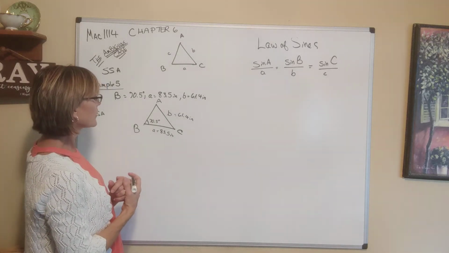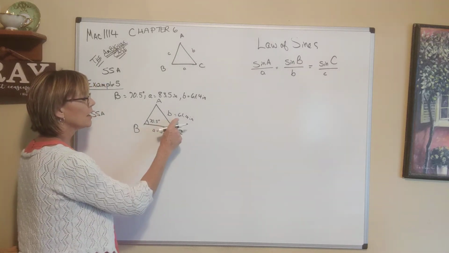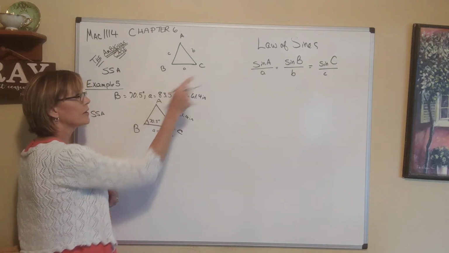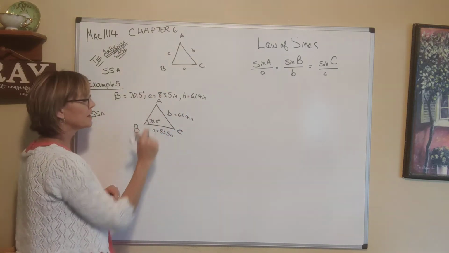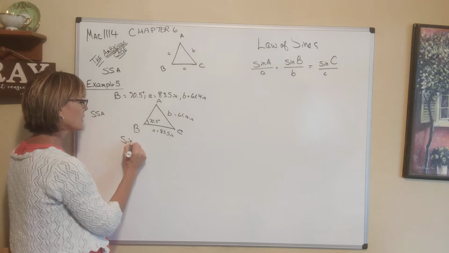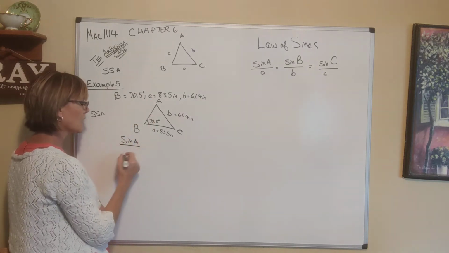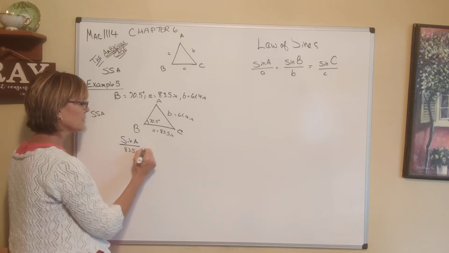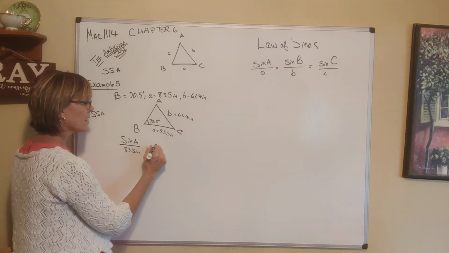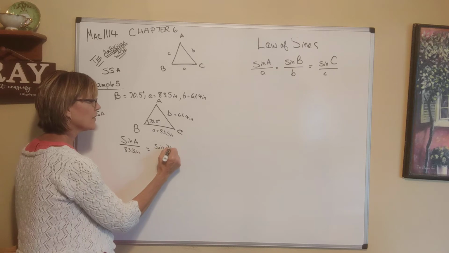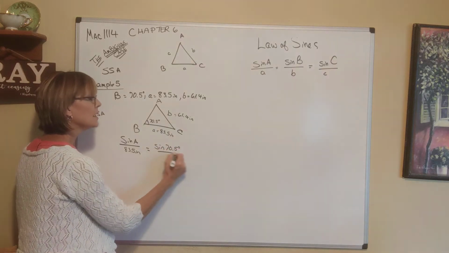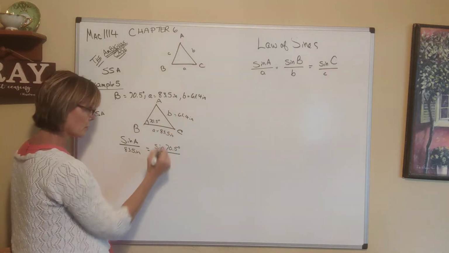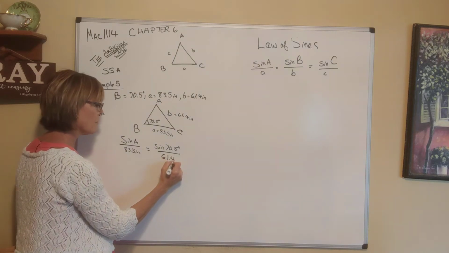The only other angle I can find using law of sines is angle A. So we'll begin there. I'll say the sine of angle A is to the side A, 83.5 inches, as the sine of angle B, which is 70.5 degrees, is to the side across from it, 61.4 inches.